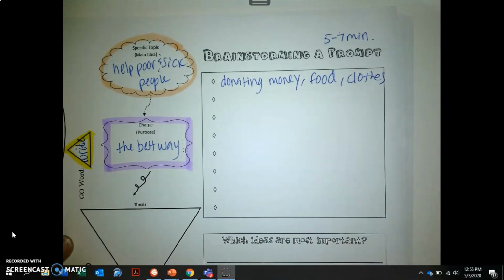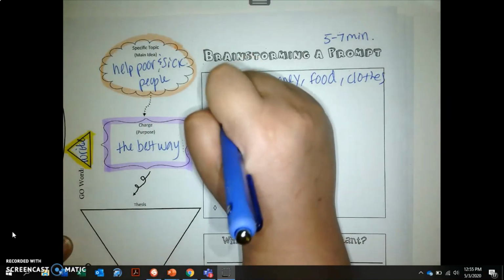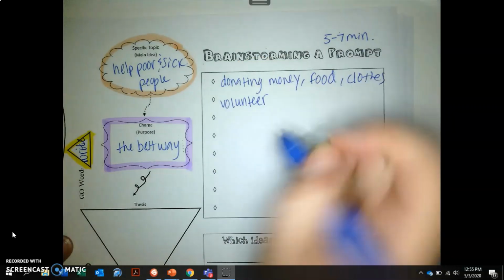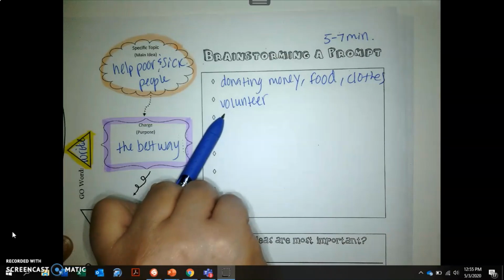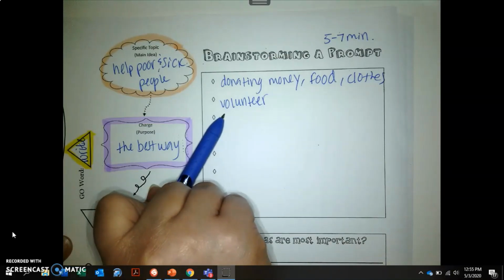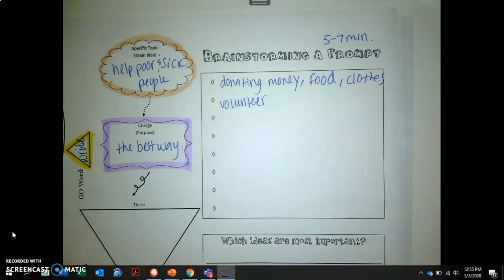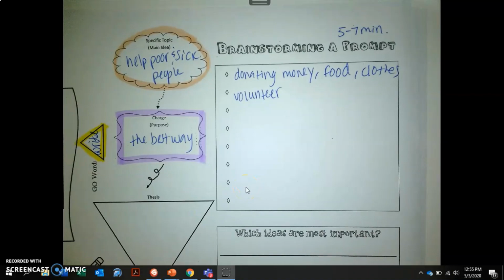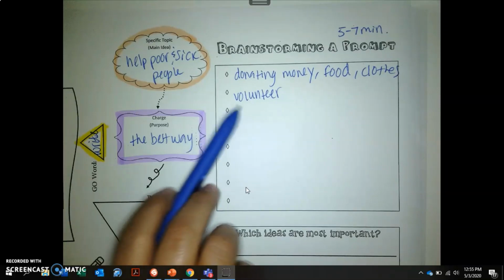What about people in the nursing homes? Maybe we can volunteer to assist with anything that they have at the nursing homes, because believe it or not, people in nursing homes, they don't actually get a lot of visitors. When I was younger, when I was still dancing, my dance team went to go volunteer at the nursing home a few times.